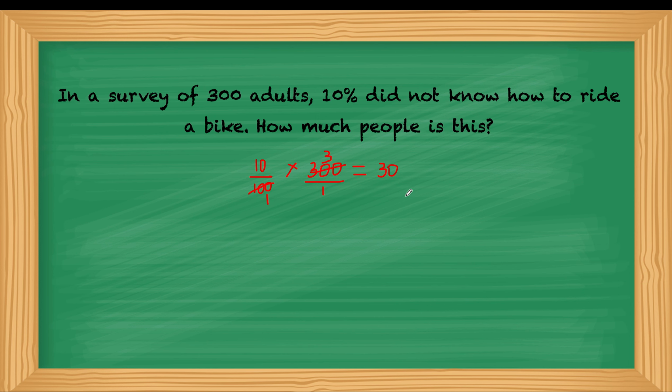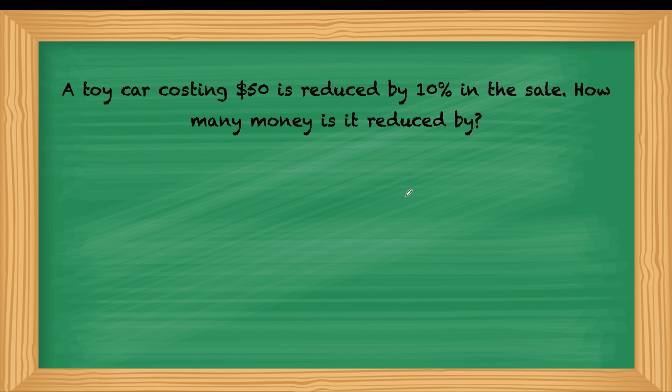Alright, going good so far. Now this question states, a toy car costing $50 is reduced by 10% in the sale. How much money is it reduced by? So we're going to find 10% of $50. Alright. So we're going to have 10 over 100 multiplied by the $50, and then we are going to cross multiply again.